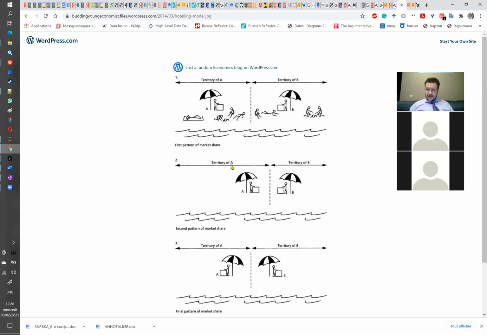For example, if he makes the first move and plays his position in the center of this beach, then the second has to choose left or right, but in any case he will get only the smaller part of this territory, because the other half of this territory will belong to his opponent, and his opponent will also have a part of his half. So it's very profitable to make the first move here, and the second player loses.